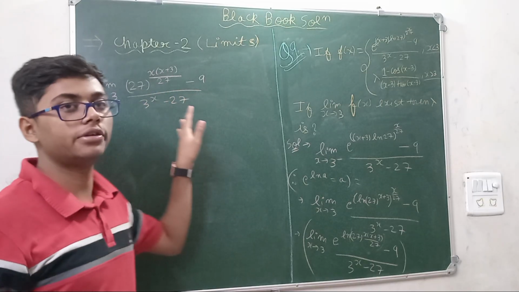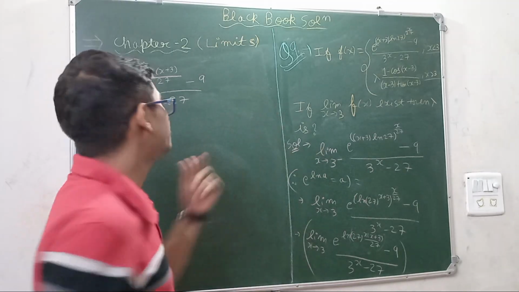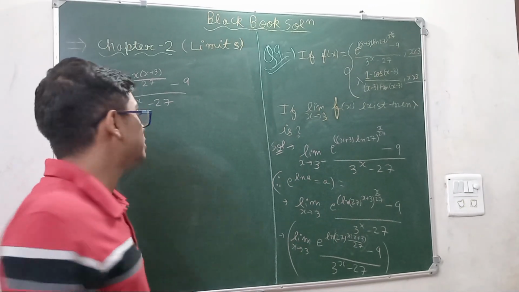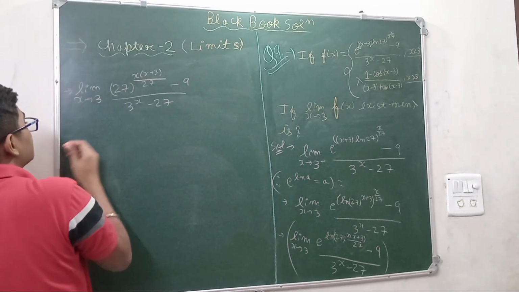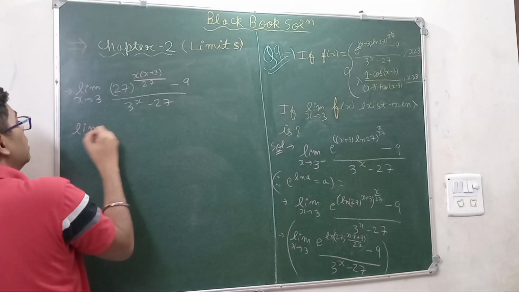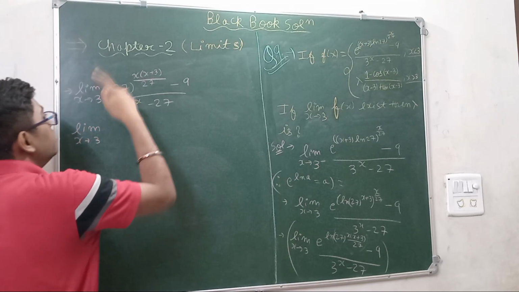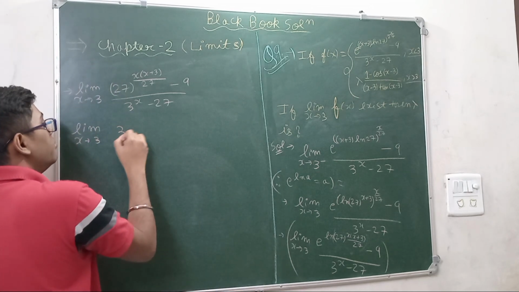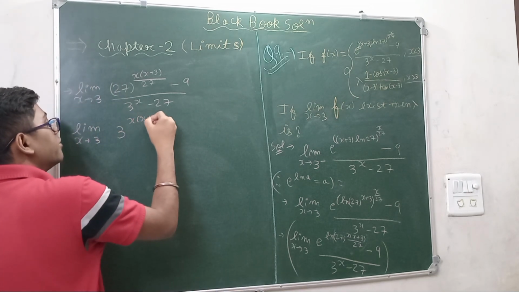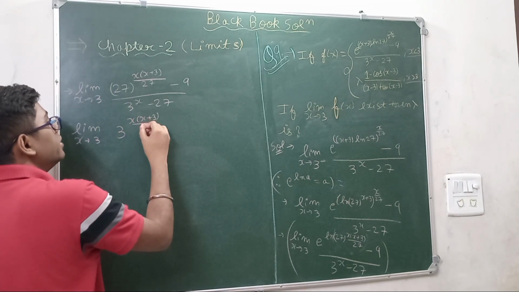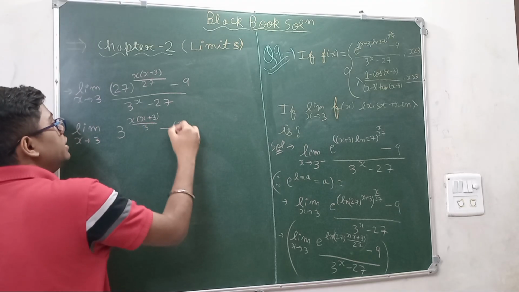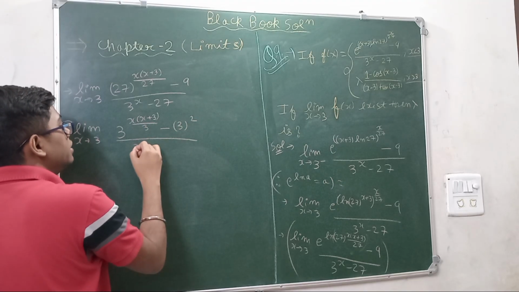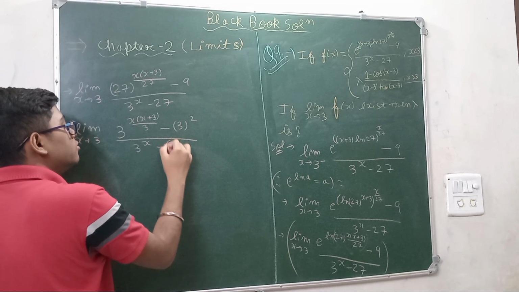Now we can write these terms in terms of powers of 3. 27 is 3 to the power 3, 9 is 3 to the power 2. So limit x tends to 3, this will be 3 to the power 3 and 27 will be cancelled, so 9 will be left, means the whole will be x times x plus 3 upon 9, minus 3 squared upon 3 to the power x minus 3 cubed.